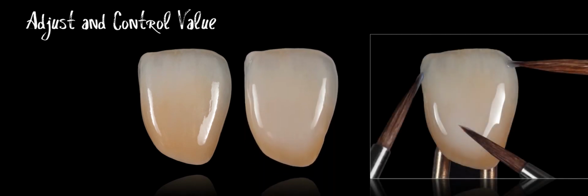And now you could see the crown on the left was about A3, A3.5. And using lumen, we were able to raise the value without compensating with opacity. To describe the characteristics of lumen, Don, you really said it the best. When you look at a cloud from far away, it's white and high value.